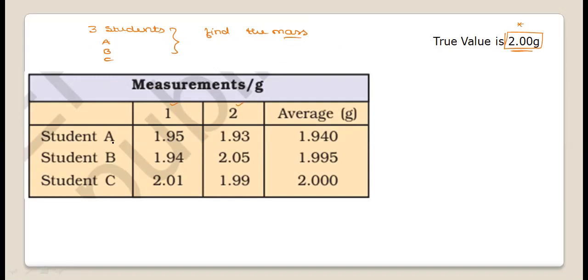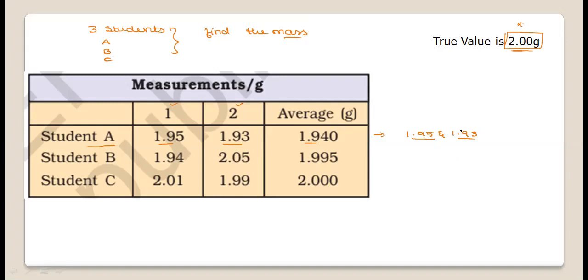Now, if we take the student A data, in the first trial he will get the mass 1.95. In the second trial, he will repeat the experiment and he will get the mass as 1.93. So 1.95 and 1.93, for the true value 2 grams. The average for the two will be 1.94. Now, are the values having more difference?